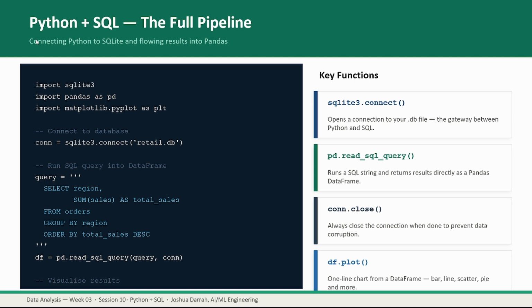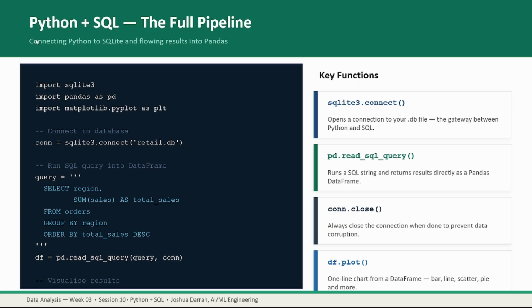Now, let me walk you through what a complete professional workflow looks like from start to finish. Step one is that you have a business question. For example, which product category had the highest sales last month?